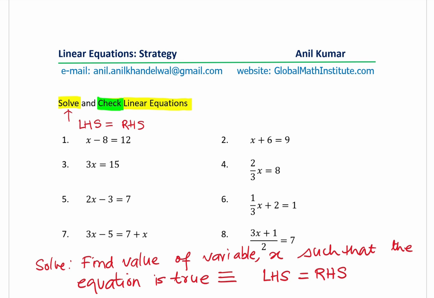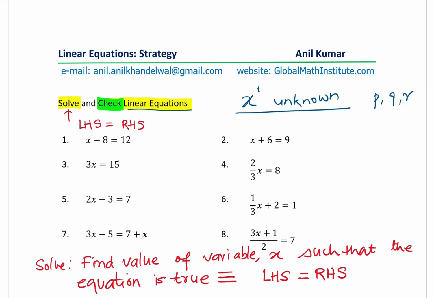Now, when I say linear equations, what does that mean? Linear equations mean that every equation will be of the form where x will be unknown. Instead of x at times, we may use other letters. For example, we could have p, q, or any other variable, but the power here is always 1.